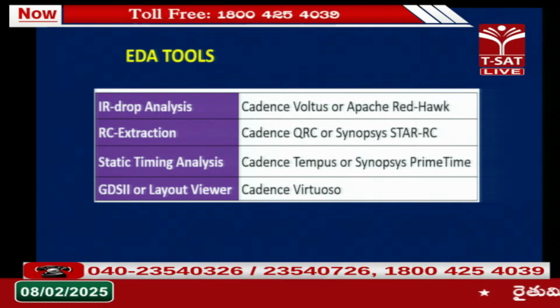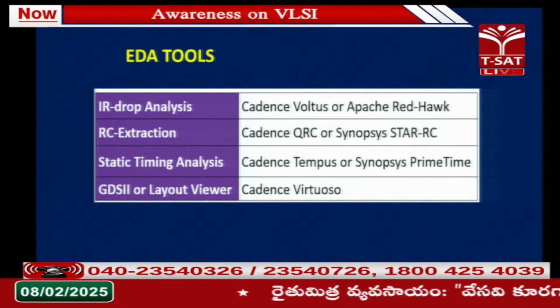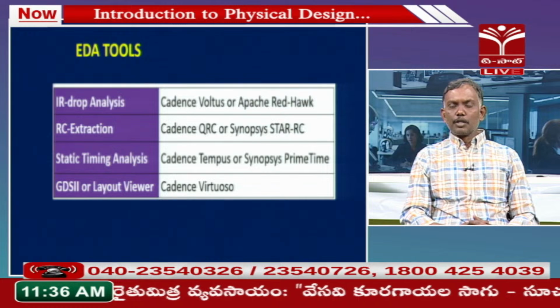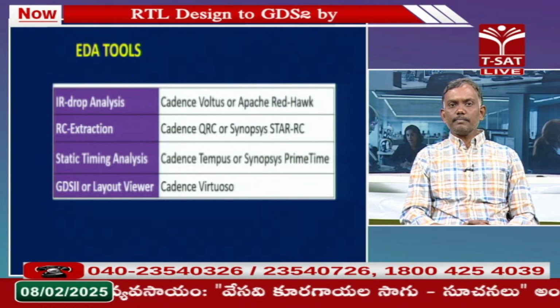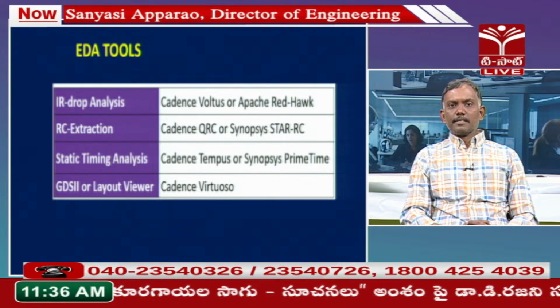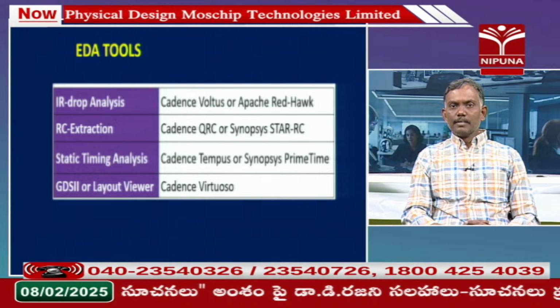For RC extraction, Cadence QRC and Synopsys StarRC. These are the tools for extracting resistance and capacitance from your design on the post PNR database. And for STA, static timing analysis, Cadence Tempus and Synopsys PrimeTime.